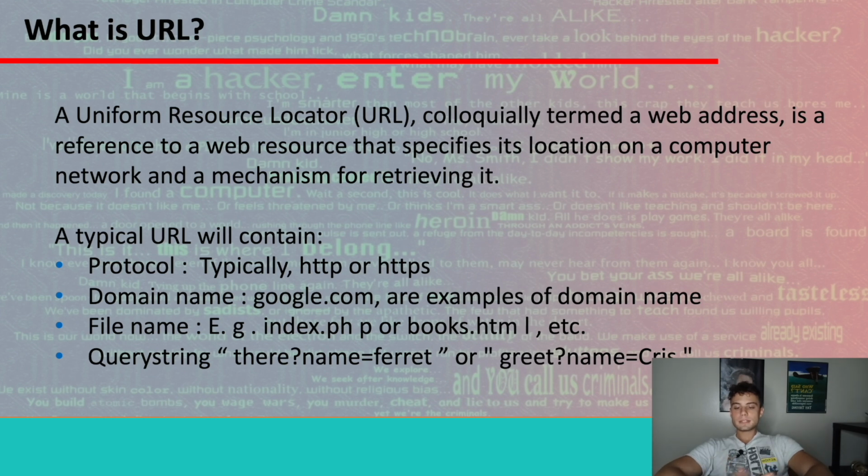And once you access the domain name, then the domain can have different pages. So this page could be the index PHP page, it could be some HTML page, it could be a custom page that you created.